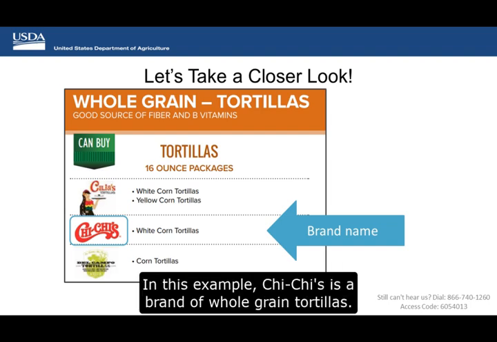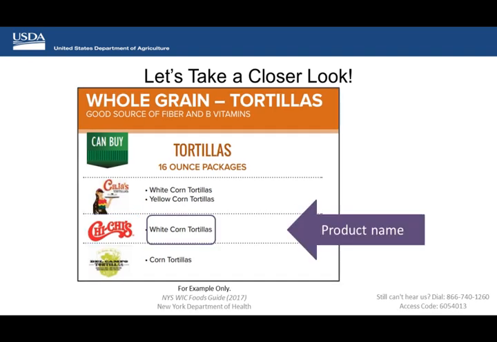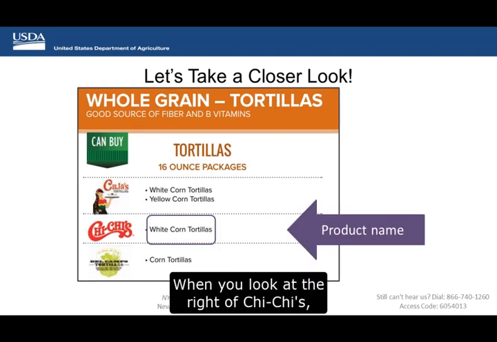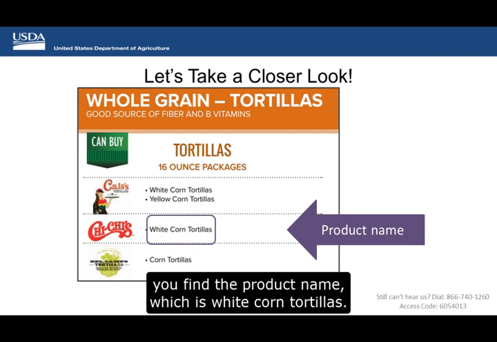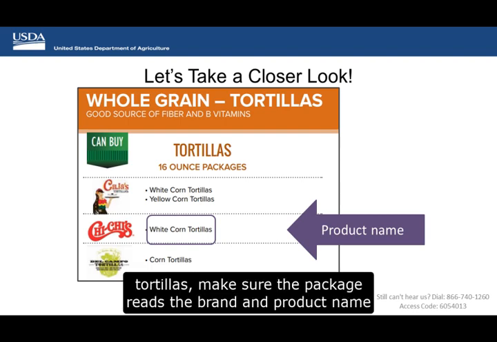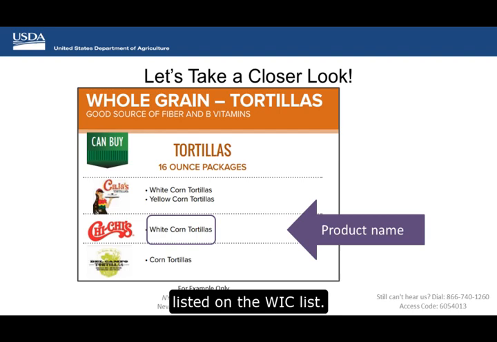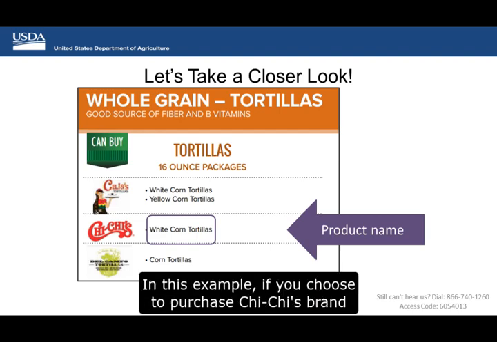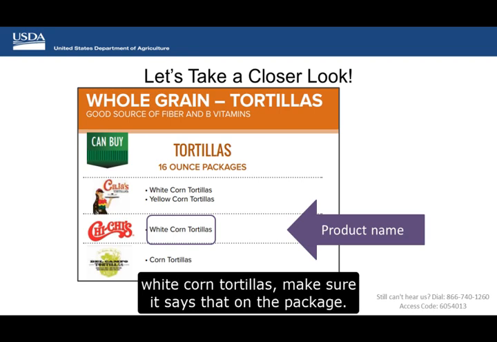In this example, Chi-Chi's is a brand of whole grain tortillas. When you look at the right of Chi-Chi's, you find the product name, which is white corn tortillas. Therefore, when you are purchasing whole grain tortillas, make sure the package reads the brand and product name listed on the WIC list. So in this example, if you choose to purchase Chi-Chi's brand white corn tortillas, make sure it says that on the package.